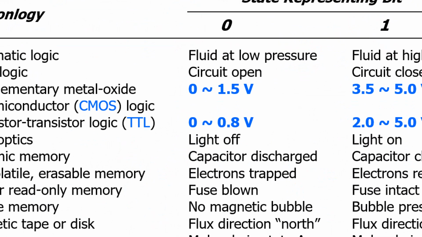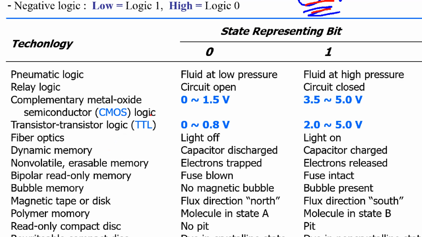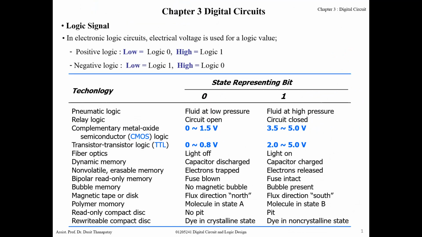For example, in CMOS logic, we use 0 to 1.5 volt for logic low or logic 0, and 3.5 to 5 volt for logic high or logic 1. And for TTL, we use 0 to 0.8 volt for logic 0 and 2 to 5 volt for logic 1. There's some range, not only one value of 0 or 5 volt.